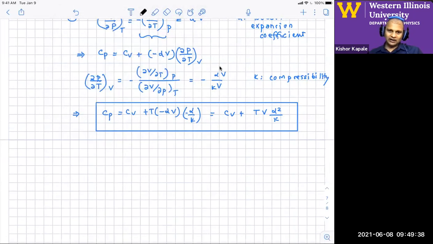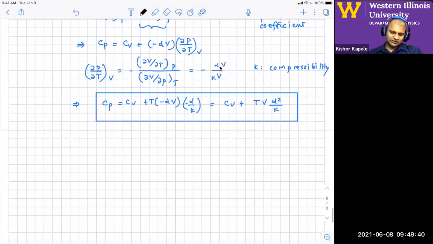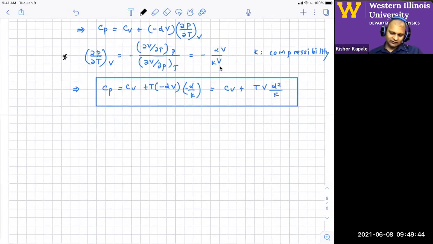So let me write down a corresponding expression, I'm highlighting this expression here. If we had total derivatives that we were dealing with, right?